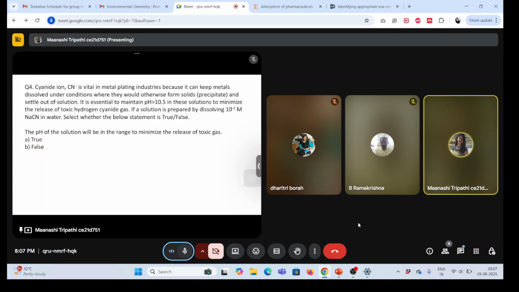Means what you need to do is to find out the pH. We need to keep the pH greater than 10.5. If it is less than 10.5, there will be release of toxic hydrogen cyanide gas. To solve this question, you can use Visual MINTEQ also.